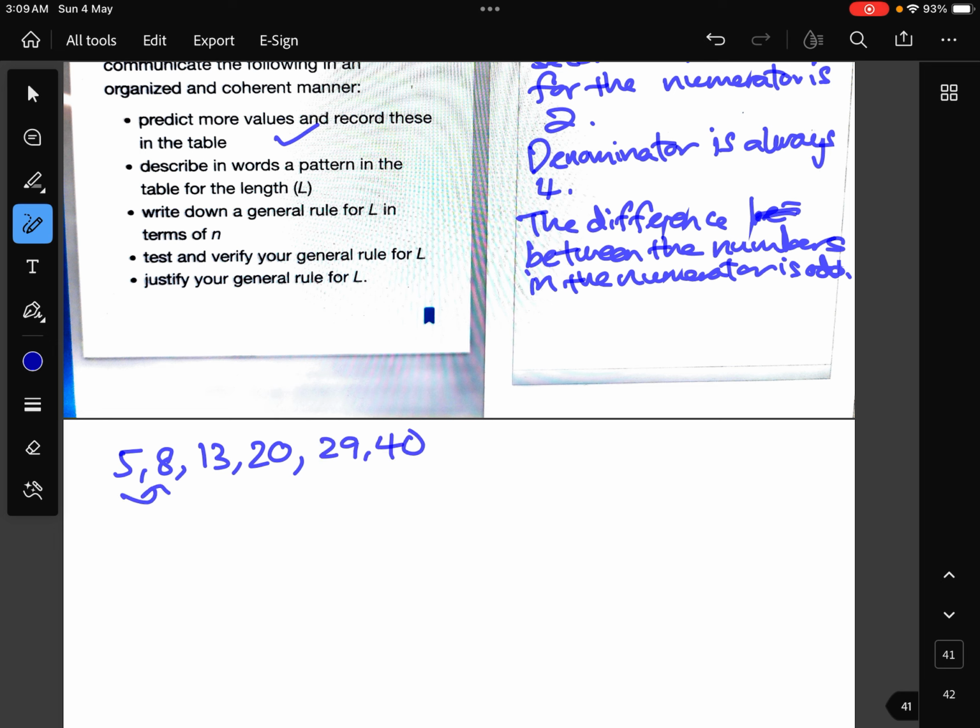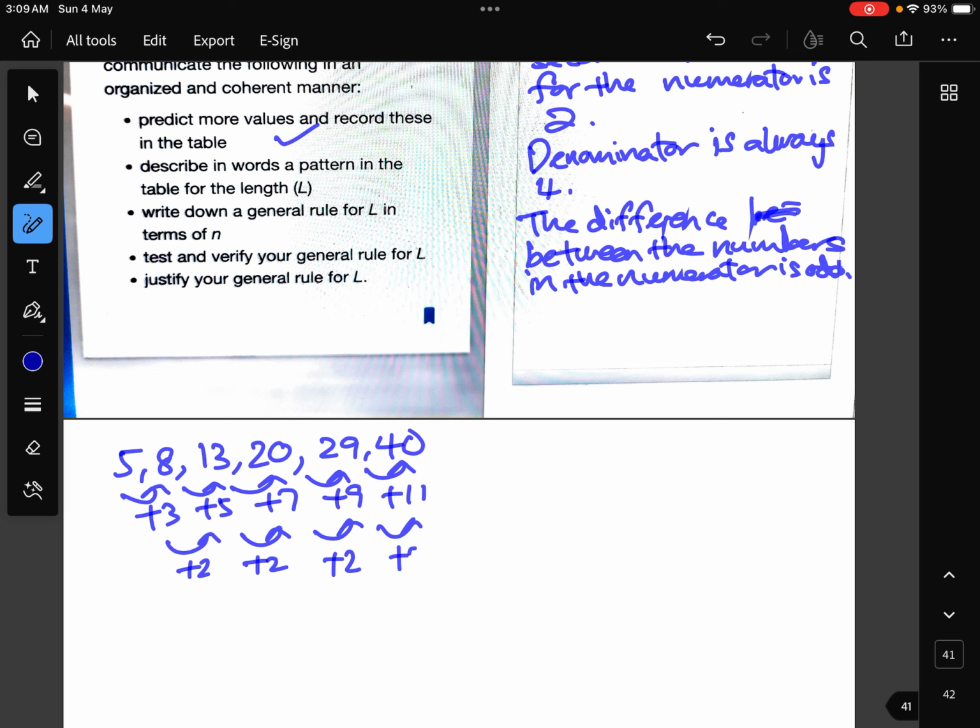Now we do know that the first difference is going to be 3, 5, 7, 9, and 11. But the second difference here is going to be 2, which is what I'm really interested in. So the second difference is 2.